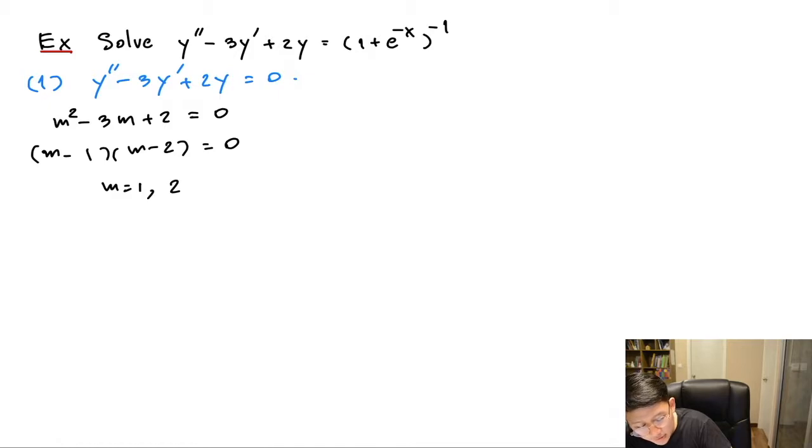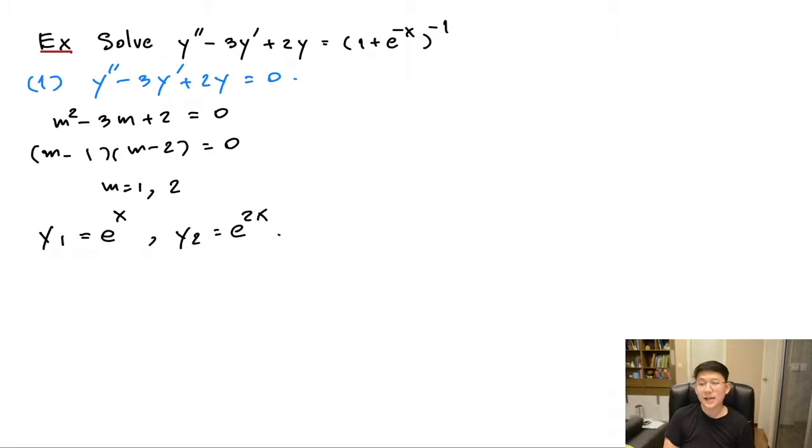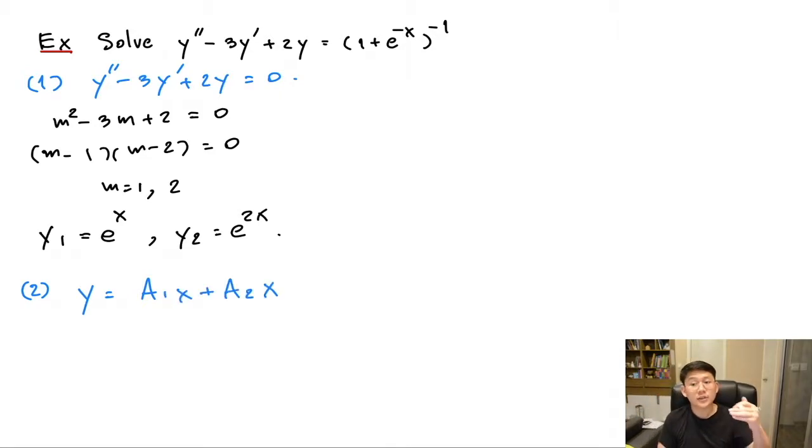So y1 is e to the x, y2 is e to the 2x. Secondly, the solution y is a1 y1 plus a2 y2. Don't forget, we have only two terms because this is second order.